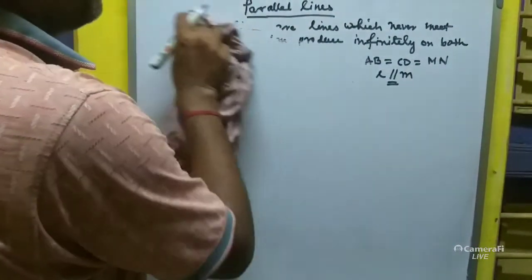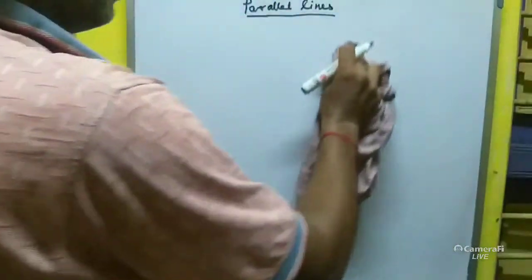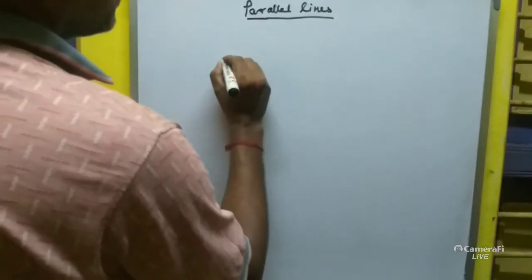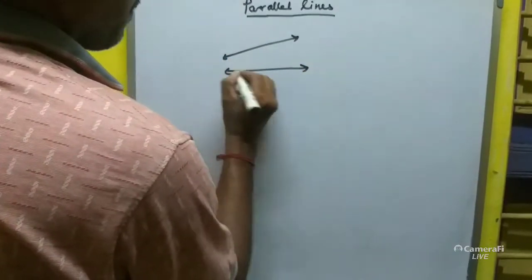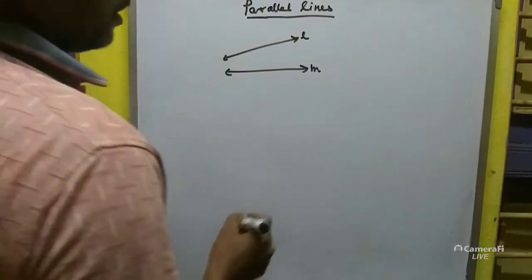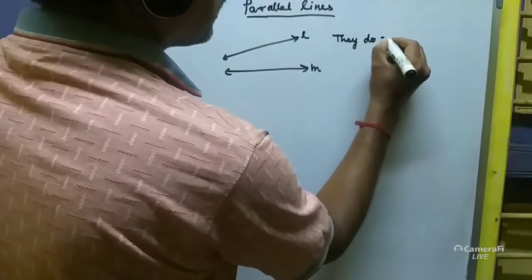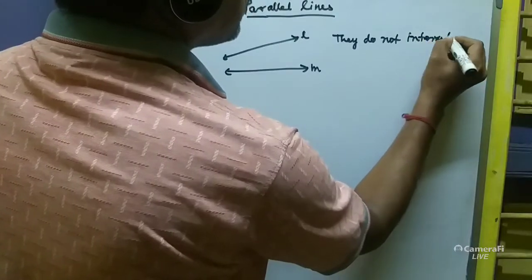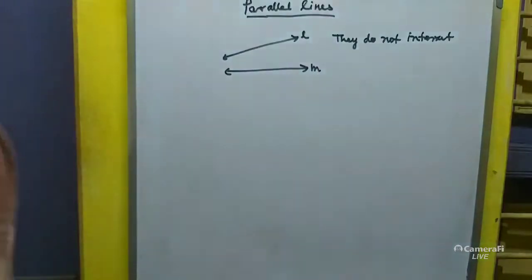So a second question comes: if the lines do not meet each other, are they parallel? Suppose this line and this line, L and M, they do not intersect each other.